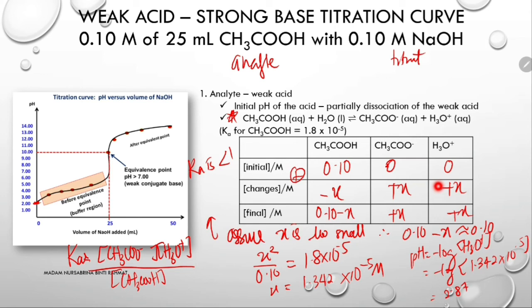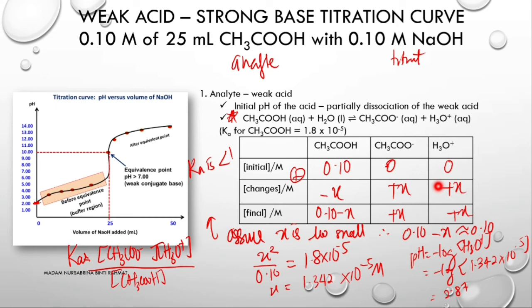Initially in our analyte, we consist largely of our ethanoic acid. Towards reaching the equivalence point, our ethanoic acid neutralizes our NaOH, forming salts plus water. But we still have some of the weak acid before the equivalence point has been completely reached.